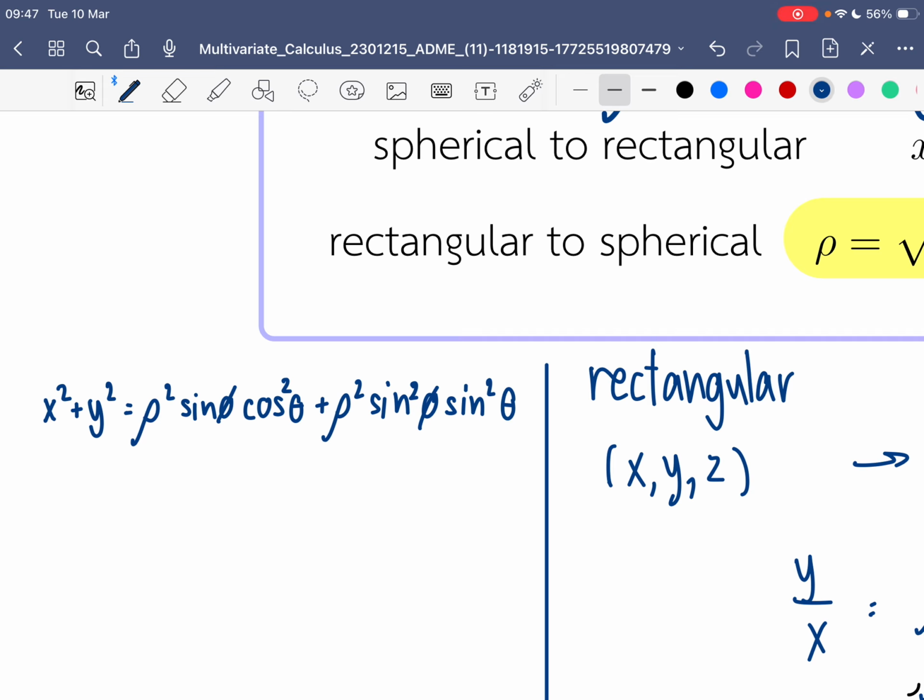They have a common factor, rho square sine square phi. Once you factor it and accumulate the cos square theta plus sine square theta, they will become 1. So we can reduce this to rho square sine square phi. That sometimes may come in handy.